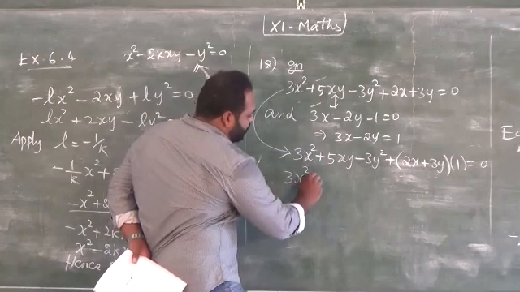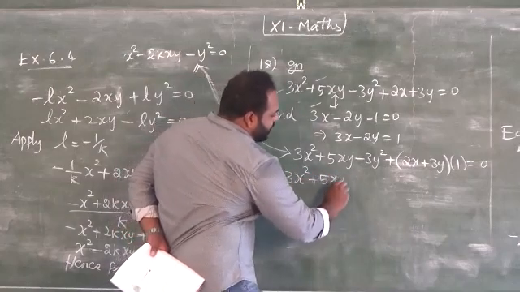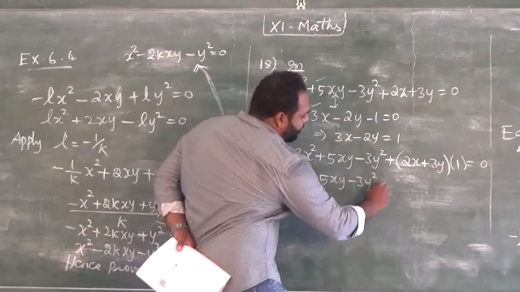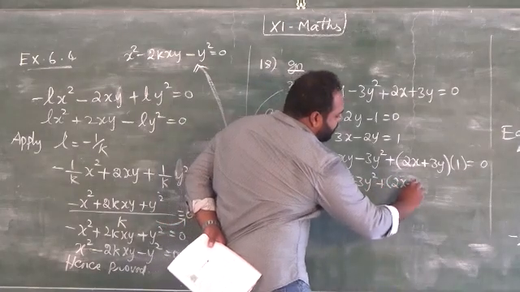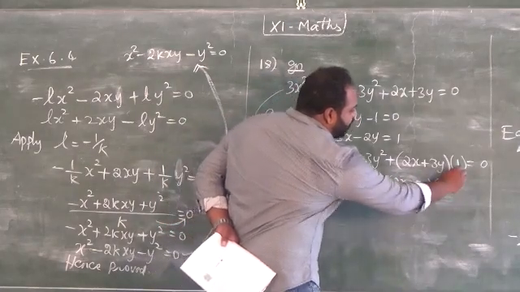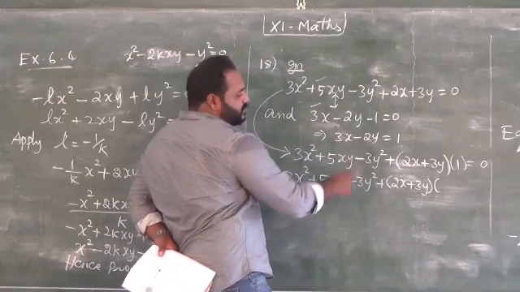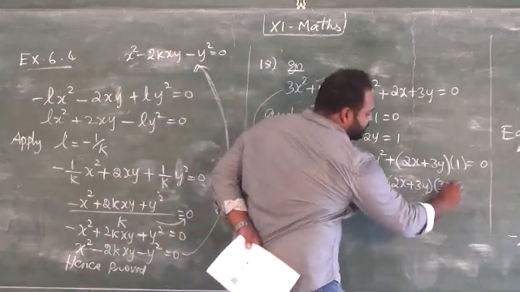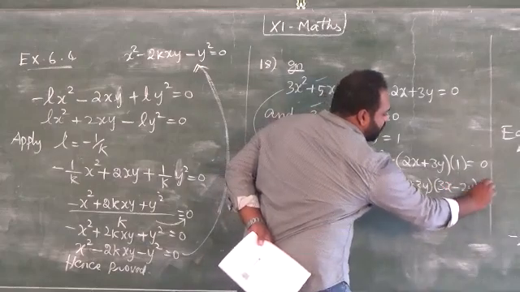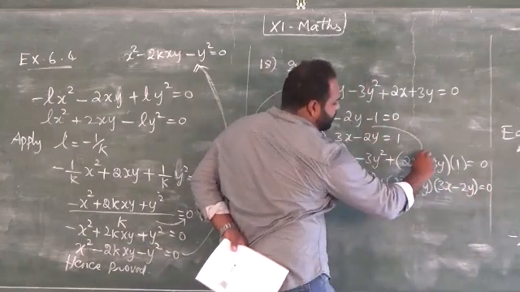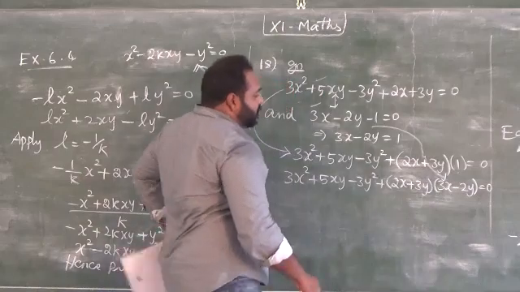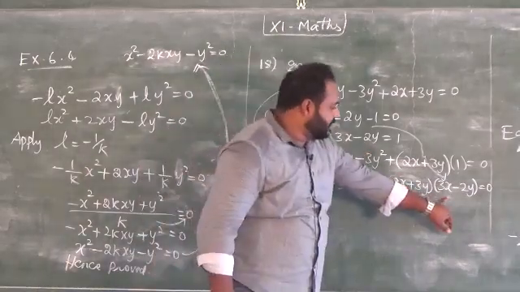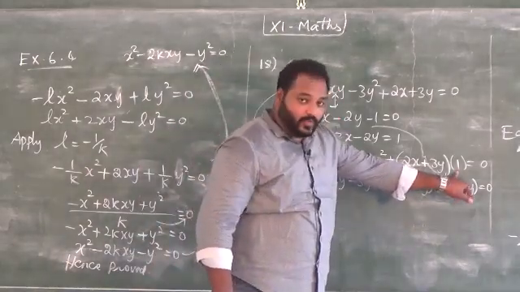So 3x square plus 5xy minus 3y square plus 2x plus 3y, instead of 1, I am going to write 3x minus 2y, equal to 0.